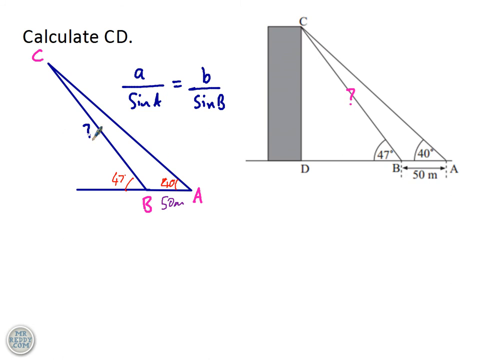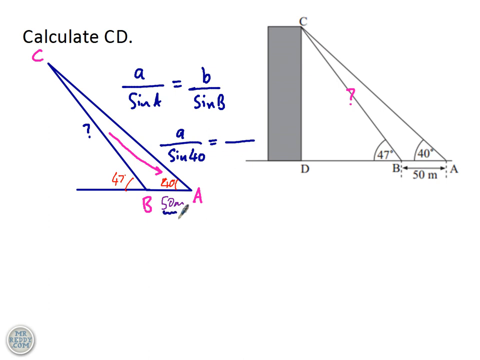Well, the good news is the matching pair to the one we're trying to find is already down here. That's a good sign. So we could write A over sine 40 equals, and this is the tricky bit, we don't have another pair.